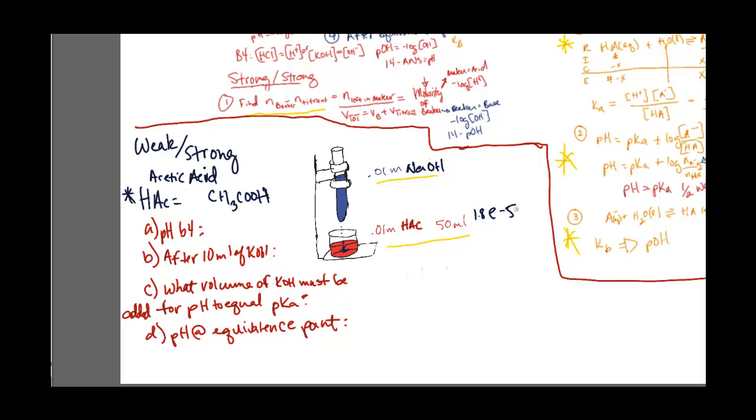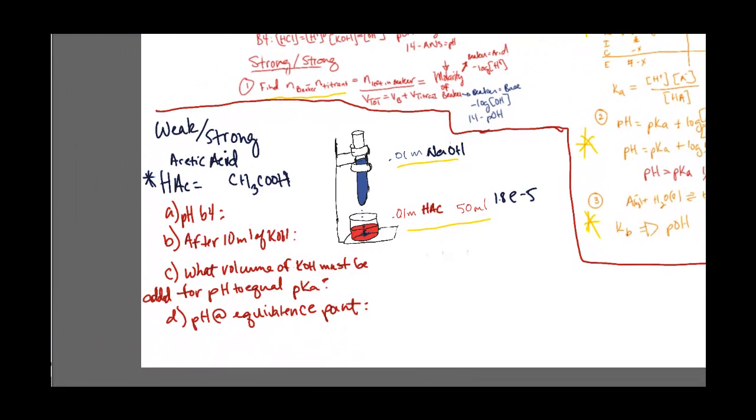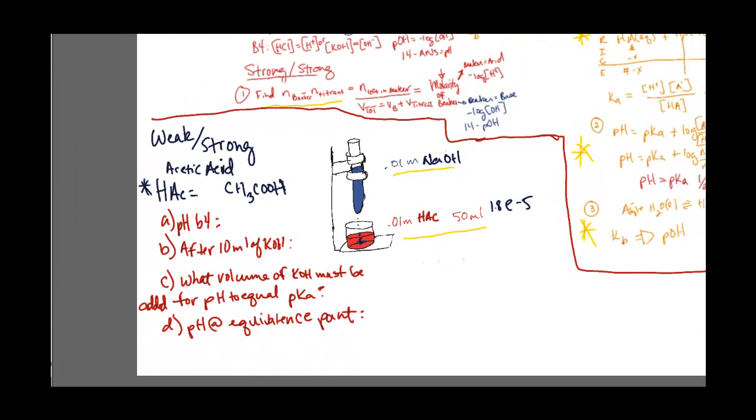Right away, what that should tell you is we can use that approximation rule in which the change, remember, if you watch the concept video, is negligible because there's such little dissociation on this weak acid. So if we were to do our RICE table for part A, it would be HAc aqueous. I'm not going to write water.